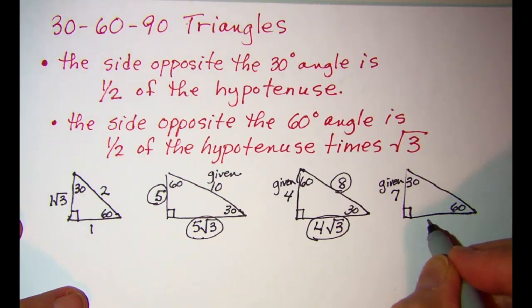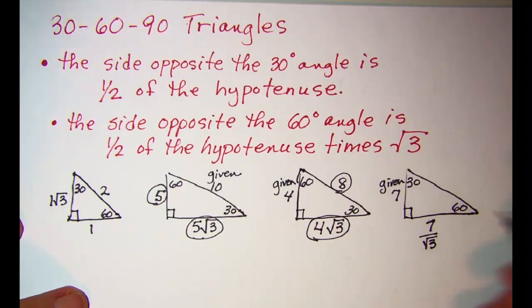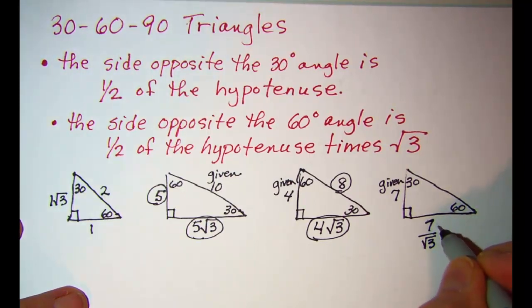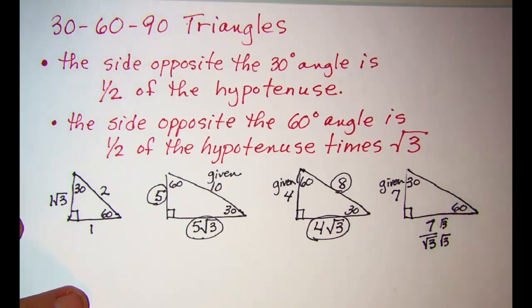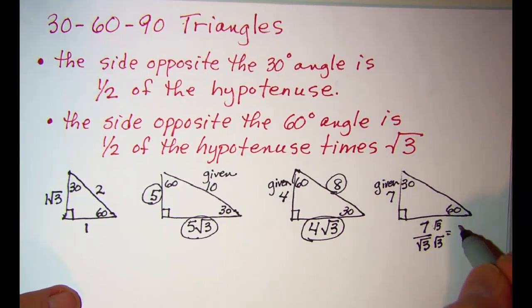So that means this needs to be 7 divided by square root of 3. Now if we rationalize this, multiplying top and bottom by root 3, I can see that this side opposite the 30 is 7 root 3 over 3.